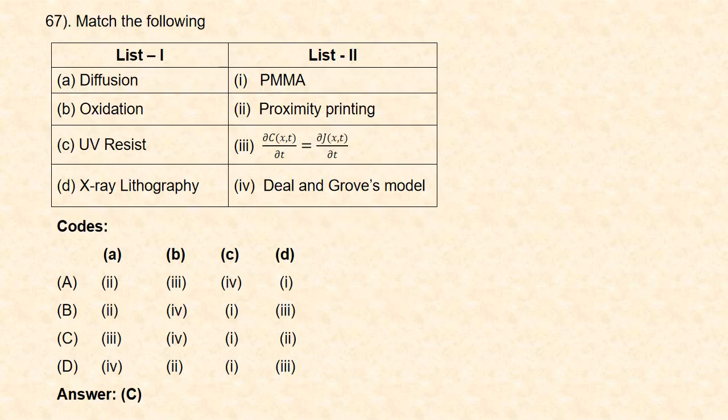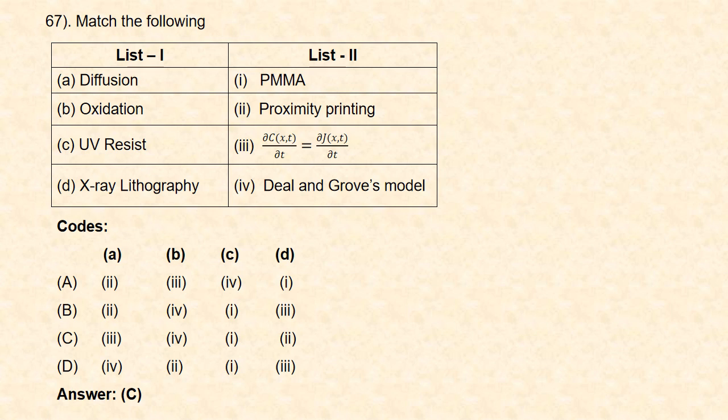Next question. It is match the following type. List 1. Diffusion. It is given by the equation dou C of x comma t divided by dou t is equal to dou j of x comma t divided by dou t. Next, oxidation. It is related to Deal and Grove's model. Then UV resist.